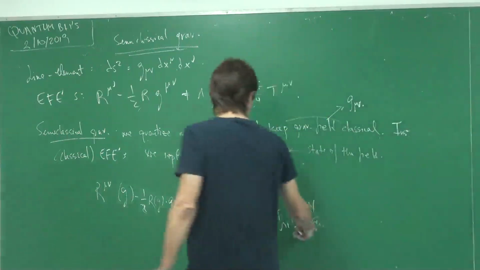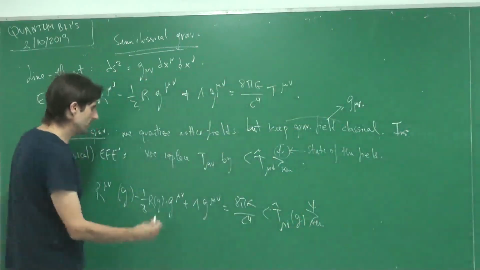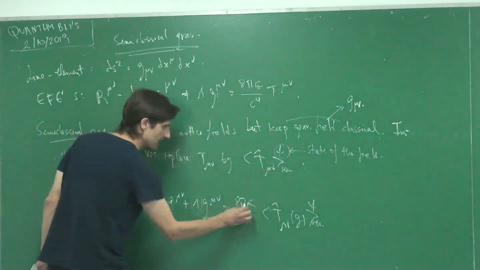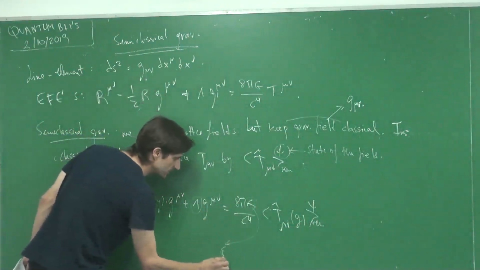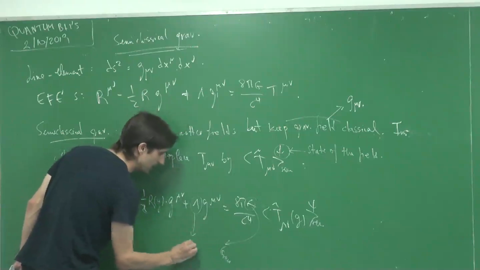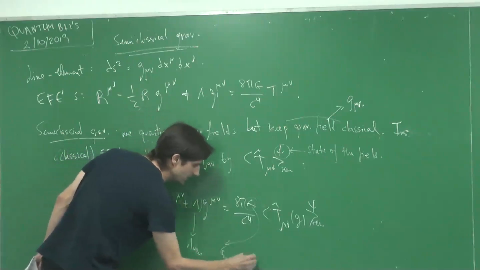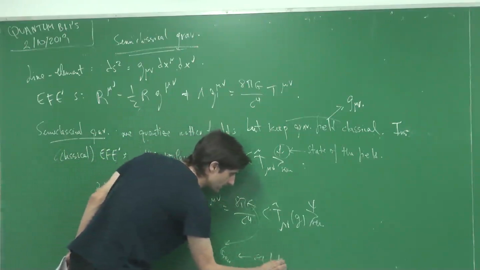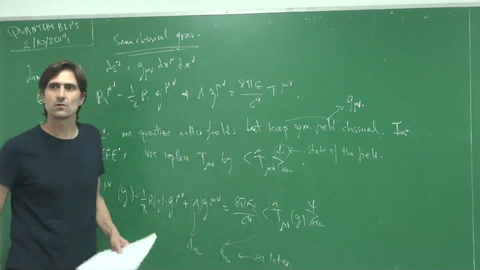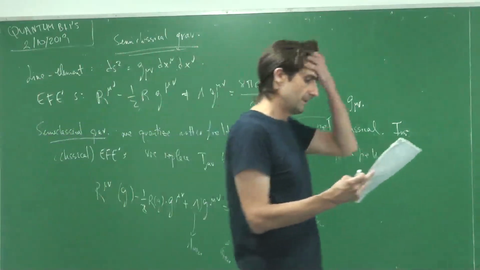I should say renormalization here really means that we're going to renormalize these guys, G renormalized and lambda renormalized. We're going to see this a little bit later on in the course. Okay.